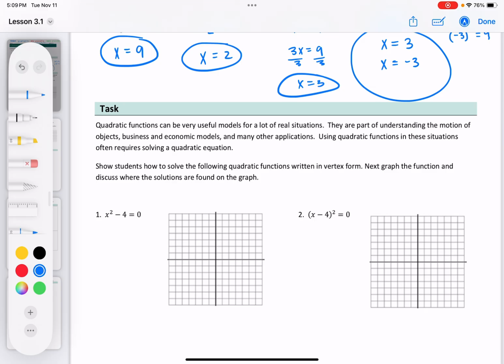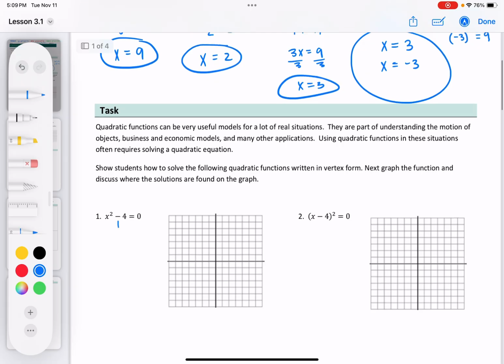We cannot square root anything unless the x squared is all alone, so we need to get the 4 out of there. Now that the x squared is alone, we get to square root. So we get x equals 2. 2 is not the only thing that when squared gives us 4. -2 also gives us 4. So those are the two solutions we're looking at.